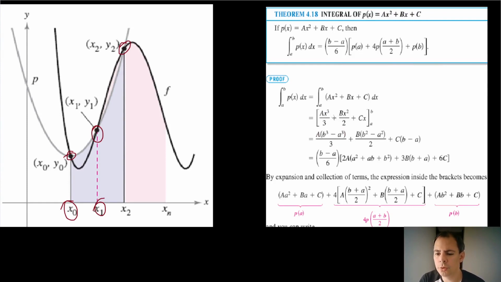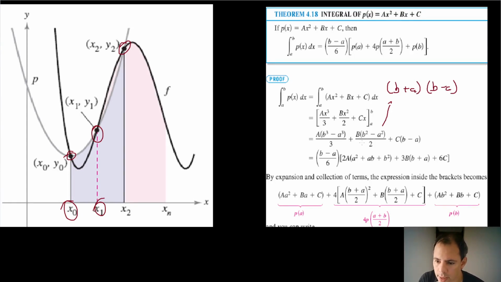So you're going to have to do a lot of rearranging, all right? I'm not going to do this here, but you have to do a lot of rearranging to get from here to here. And then what are they doing in here? Well, you can see that you have a b minus a here, and then you have a b squared minus a squared. Now this b squared minus a squared is the same thing as b plus a times b minus a.